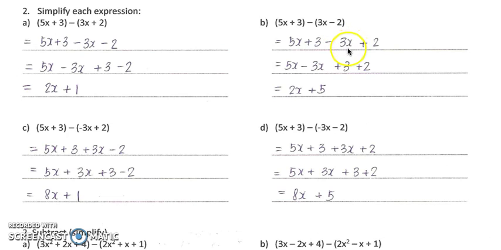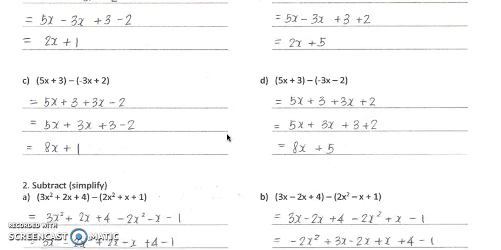Subtract 3x, subtract negative 2, while minus minus turns into plus 2, according to the rules of integers. So we have 5x minus 3x grouped together, and then 3 plus 2 grouped together. Collect like terms. 5x minus 3x is 2x. Plus 3 plus 2 is plus 5.